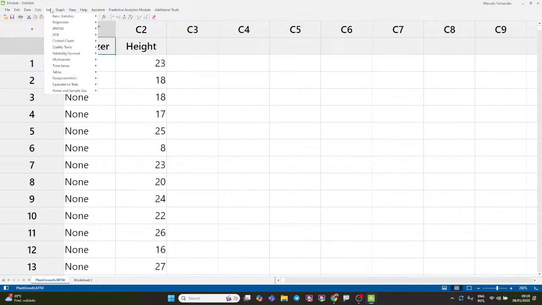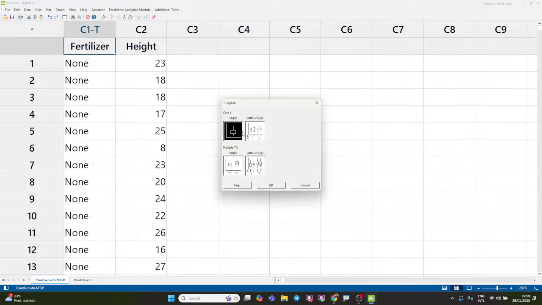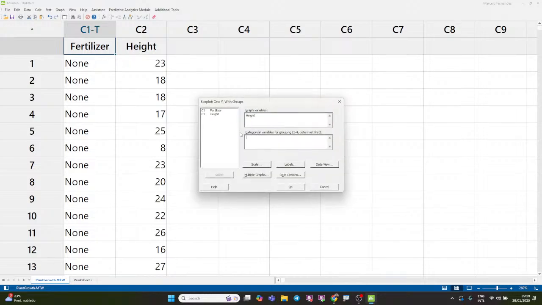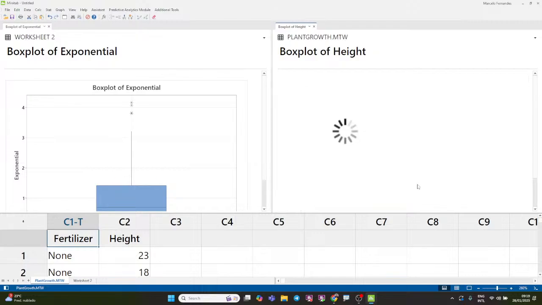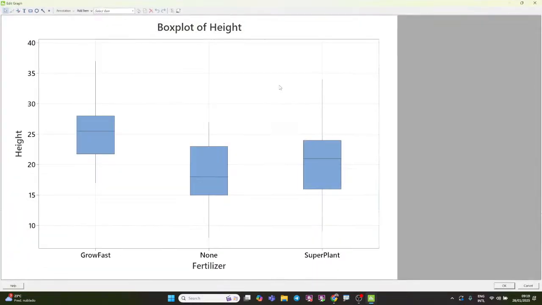So obviously, here when I run a box plot with groups, height and fertilizer, I have an amazing opportunity to understand which one has the best result in terms of location. I can see that grow fast has the highest height. Can you guys see that? And known has the shortest height.